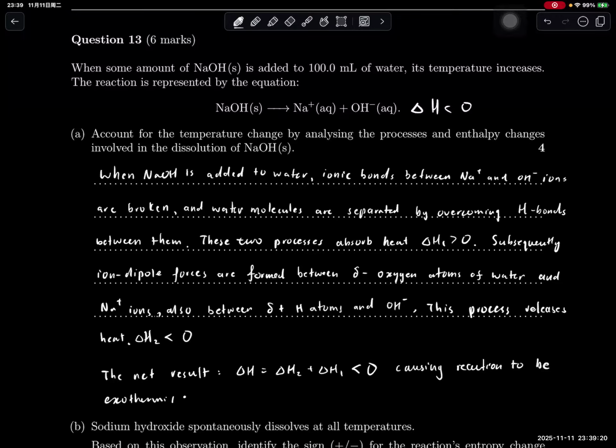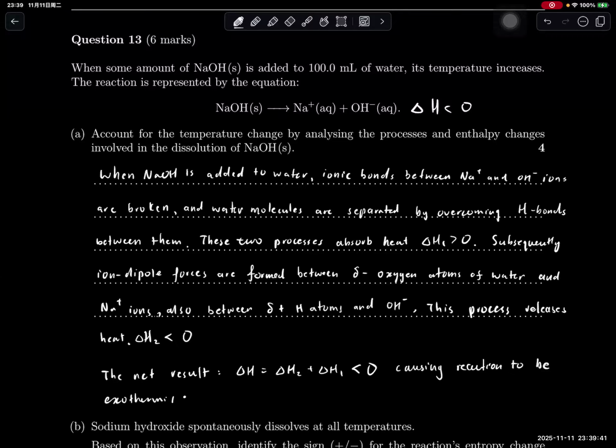When sodium hydroxide is added to water, just describe that process. Ionic bonds between sodium and the hydroxide ion are first broken, and then the water molecules are also separated away from their own hydrogen bonding. This process is breaking chemical bonds, so that requires energy input.